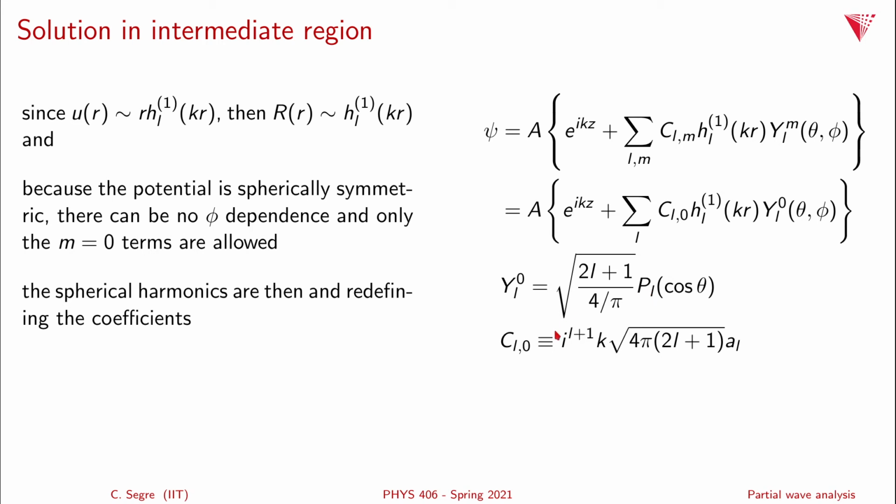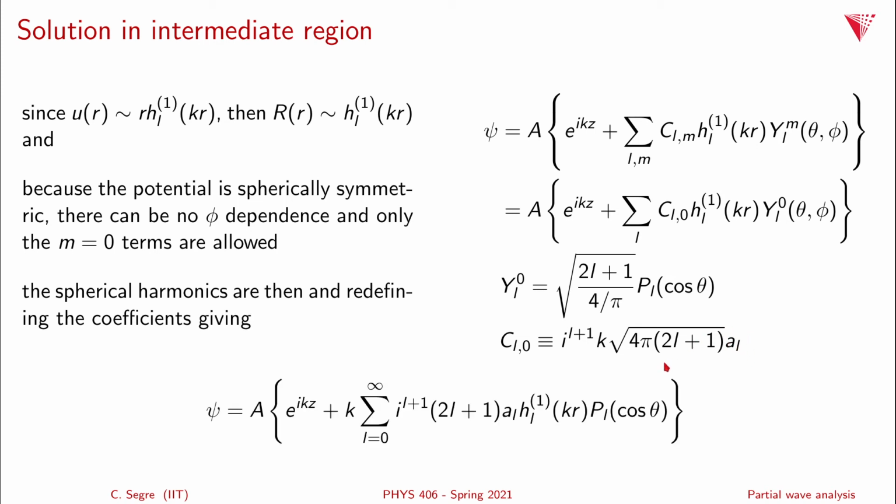And if we redefine the coefficients in the following way, we take C sub L0 and redefine it as i to the L plus 1 power times k times the square root of 4 pi times (2L plus 1) times A sub L. We can rewrite these in terms of coefficients A sub L. And this gives the following solution.